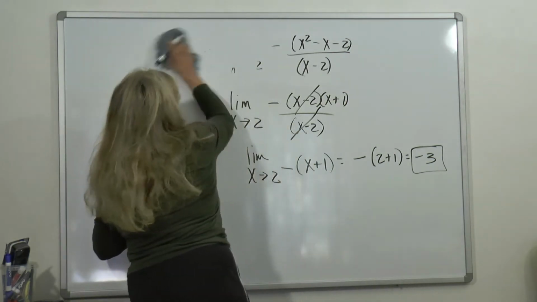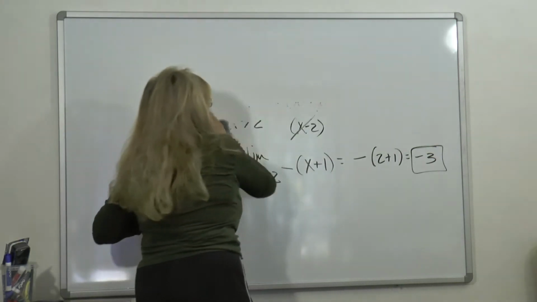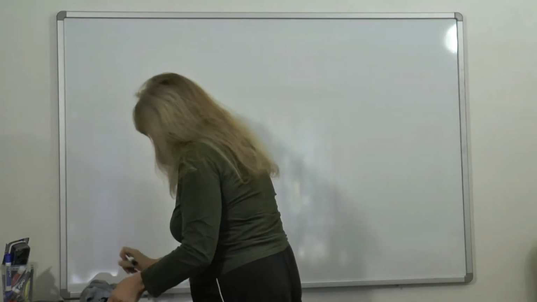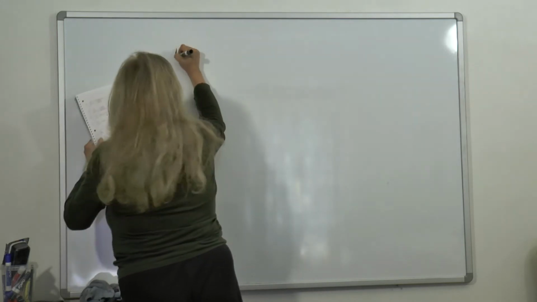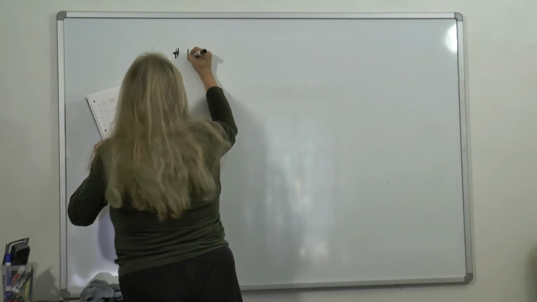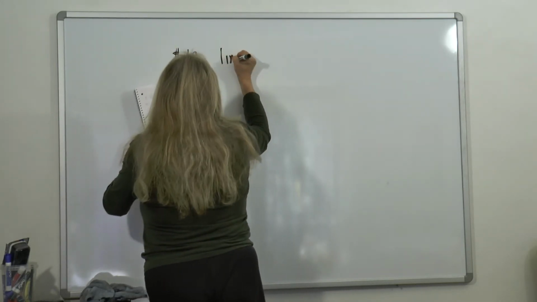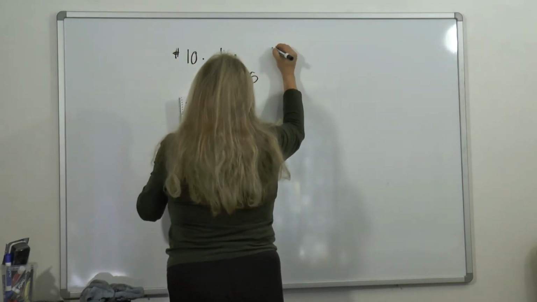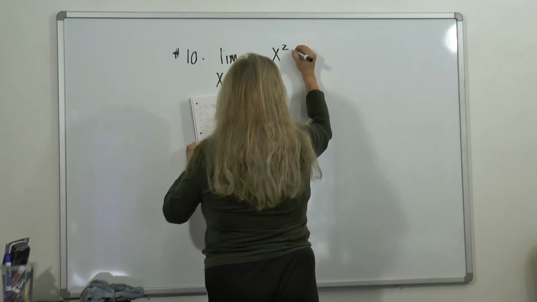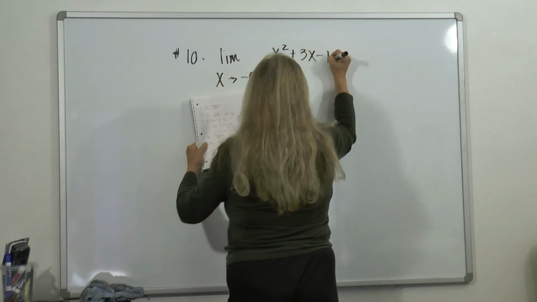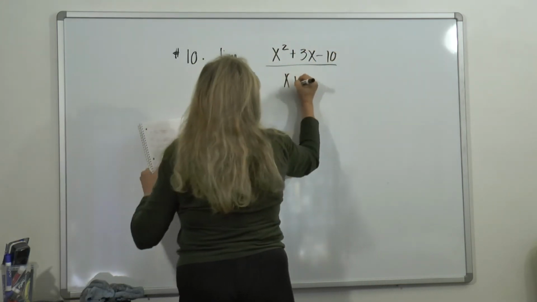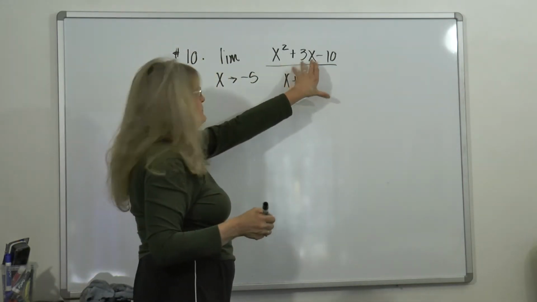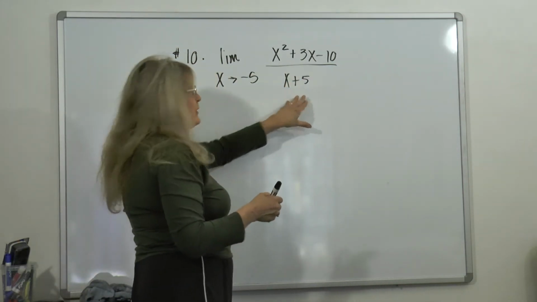Okay. Reverse FOIL kind of factoring. Let this be your guide.